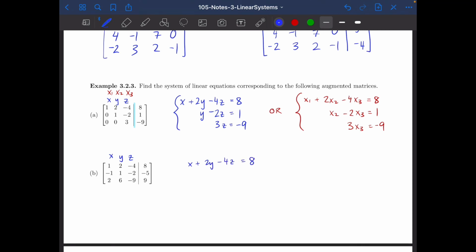The second row helps us find the second equation in the system. We have -1 times x, so minus x, plus 1 times y, so plus y, minus 2 times z equals -5. And the third row gives us our third equation, 2x plus 6y minus 9z equals 9.